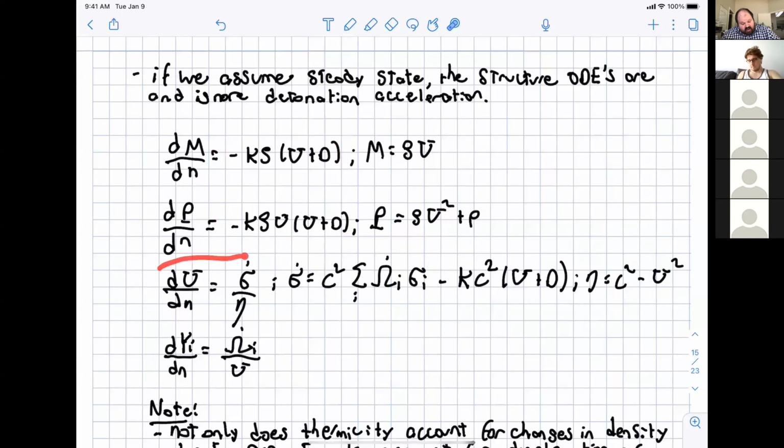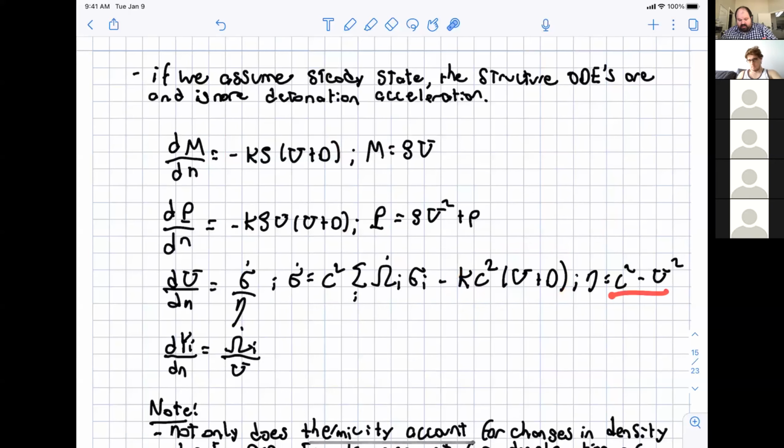We have the acceleration of the flow relative to the shock wave. This equation is actually unchanged from the planar version, with the exception that the thermicity accounts for the curvature effect. So basically, we have an acceleration of the flow by exothermic chemical reactions, and that is being counteracted by a sort of deceleration of the flow due to curvature.